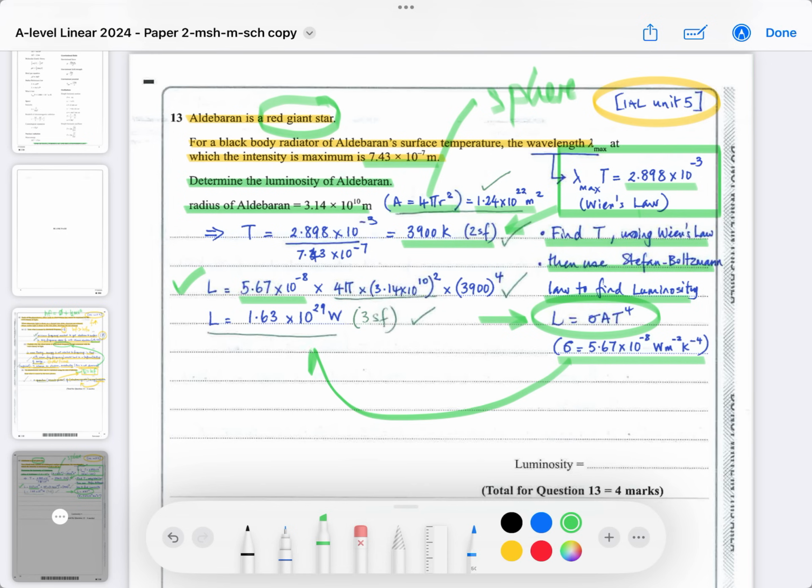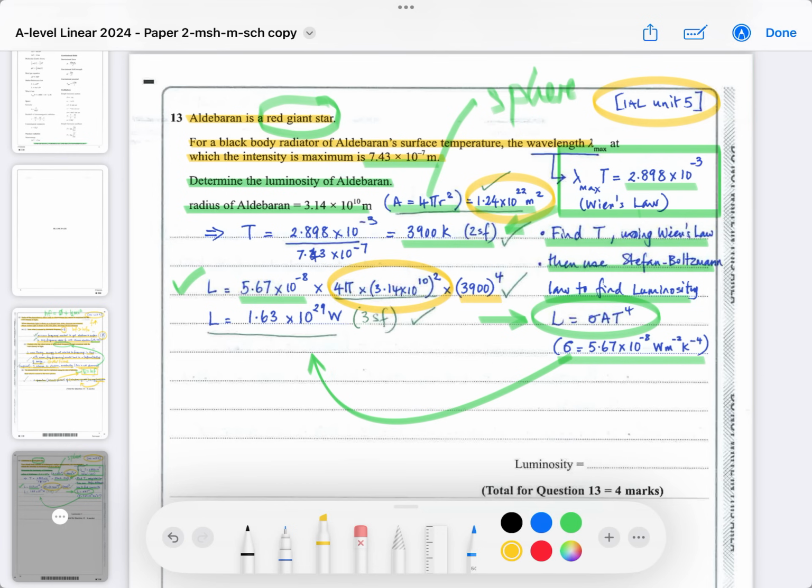There's the constant that we just looked at, 5.67, times 4 pi r squared. So the answer would be 1.24 times 10 to the 22. I've just done it all in one go here. And for the temperature, don't forget to put it to the power of 4.